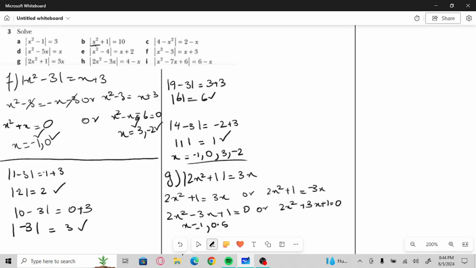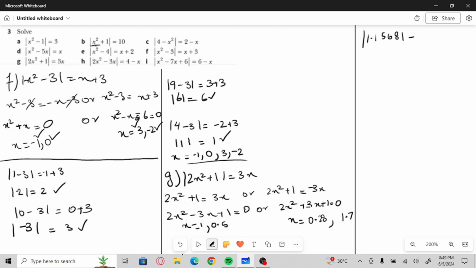Starting from 0.28, 2 multiplied by 0.28 squared is 0.0784. Multiply it by 2, we get 0.1568. Add 1, it's easier in the calculator, so we have modulus 1.1568 should equal 0.28 multiplied by 3, which is 0.84. So they are not equal, and 0.28 is an incorrect value.